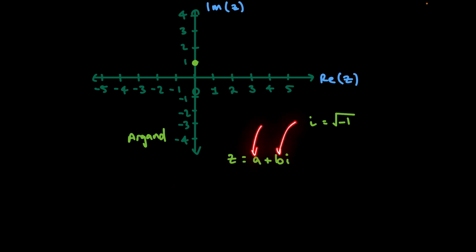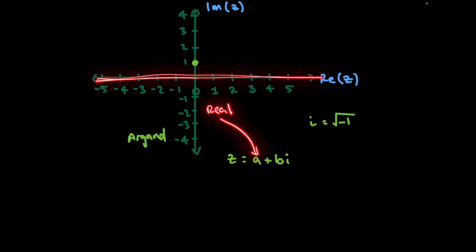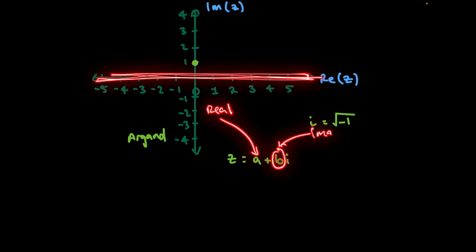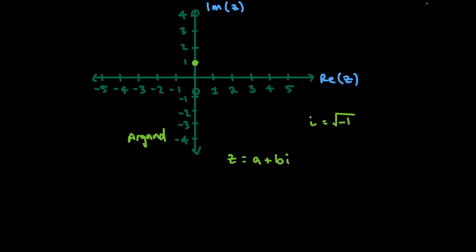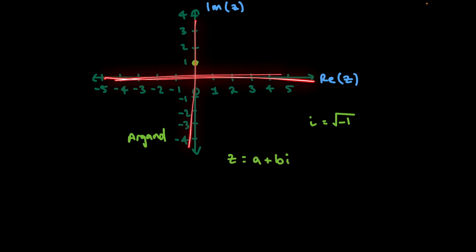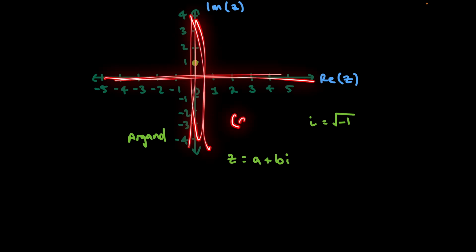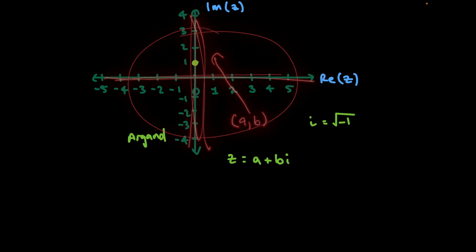It has a, it has b. So in this case, a is really just your real component, so this number will exist on this axis. And then b is your imaginary number. Okay, so this is your imaginary component, and that number will exist on your vertical axis. You can think of this as coordinates on a Cartesian plane, where this is your x-axis, this is your y-axis, and then you'll have coordinates a, comma, b that lie on your plane somewhere.